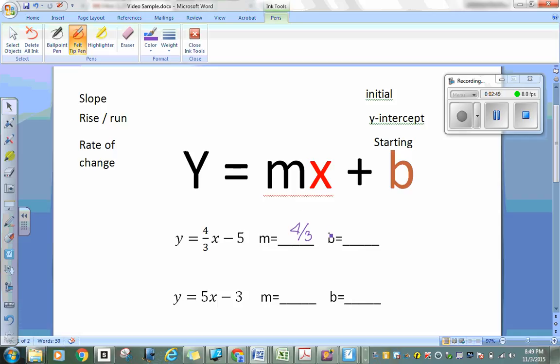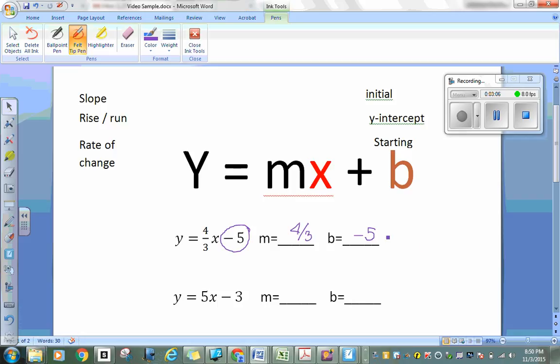Now, what would be my y-intercept? The y-intercept is going to be the value including the sign. So the y-intercept is -5.